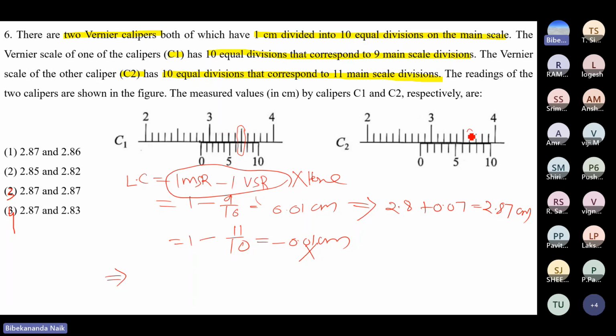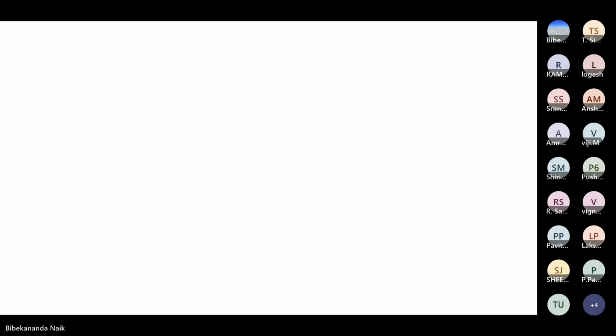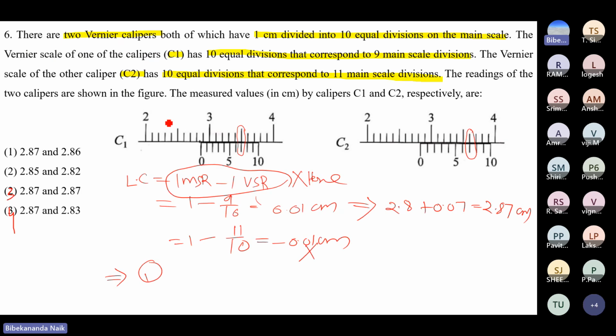So in case 1, the measurement value will be 3.5 minus, because here 3.5 coincides with the vernier division.